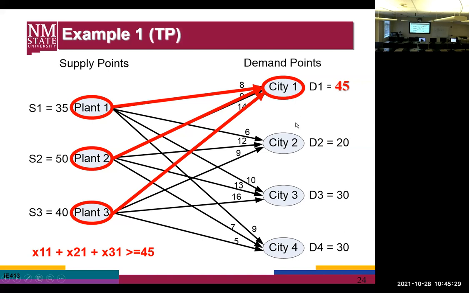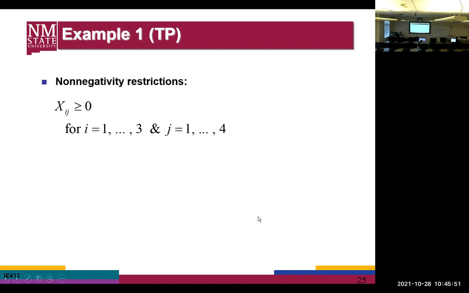So you're going to have 4 different demand constraints, one for each city, right? We call these demand constraints because they ensure that each city receives its demand. Okay? And also because all of the x variables, the decision variables, must be nonnegative, we add the sign restrictions.